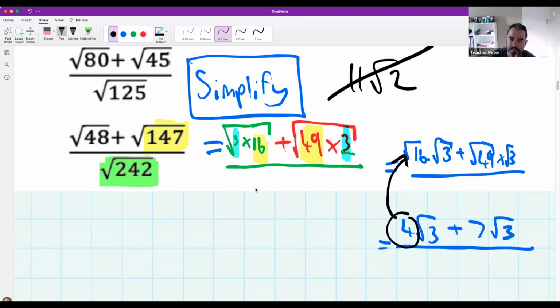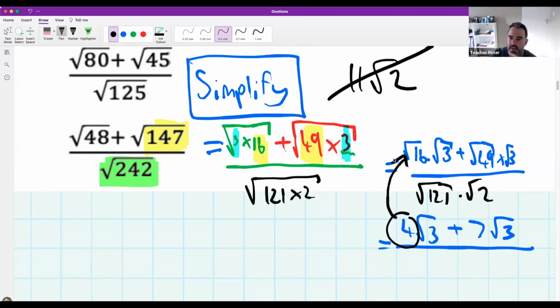It's 121. So now inside here, I'm going to go 121 times 2, which can then break down to, I can even write, square root 121 times square root 2.